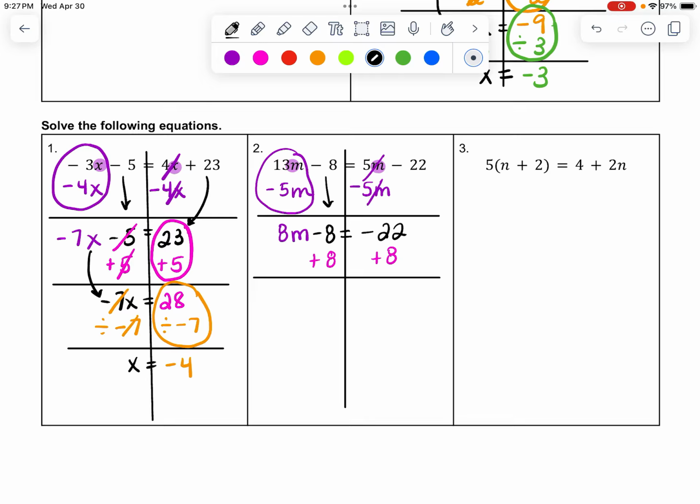which means that I get 8m equals, and negative 22 plus 8 is going to be negative 14.